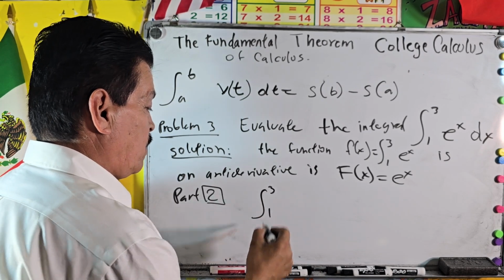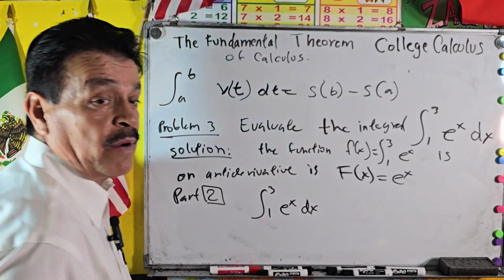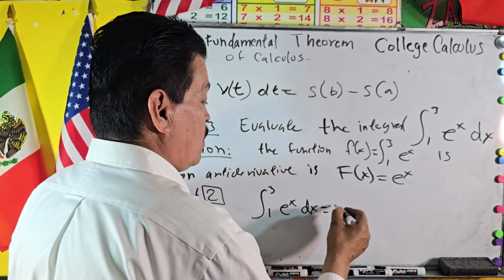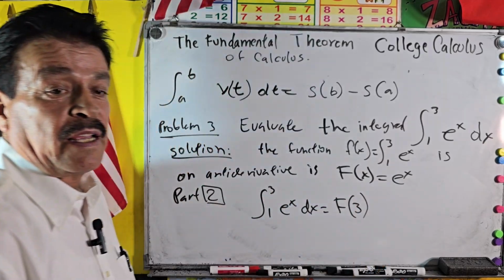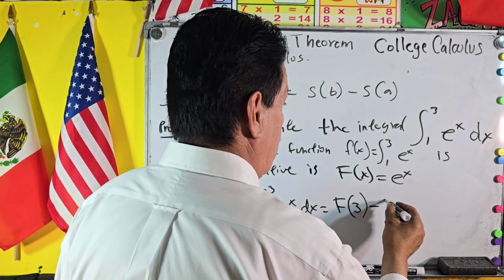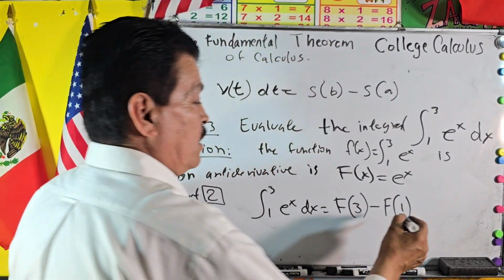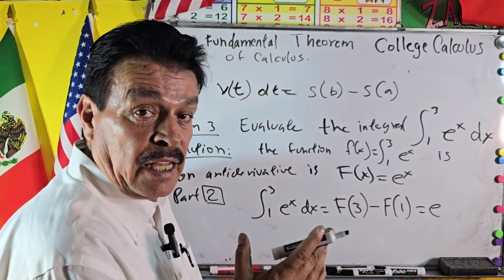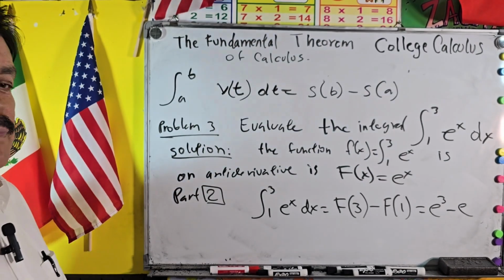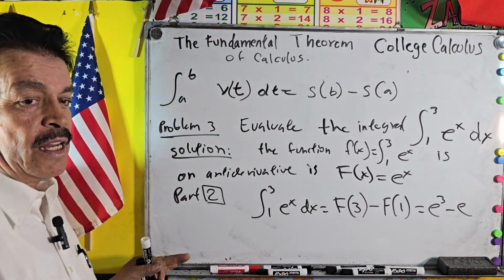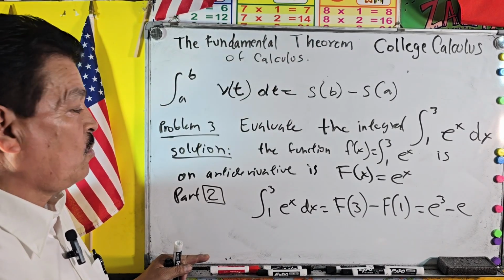The integral from 1 to 3 of e to the x, differential x, equals F of 3 minus F of 1. So this equals e to the third power minus e. See? That's it.